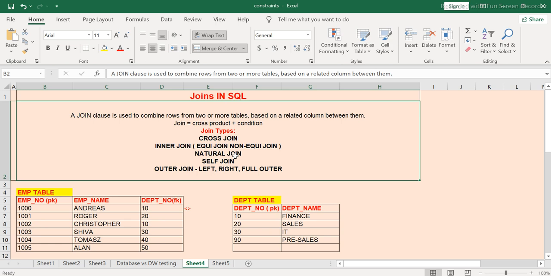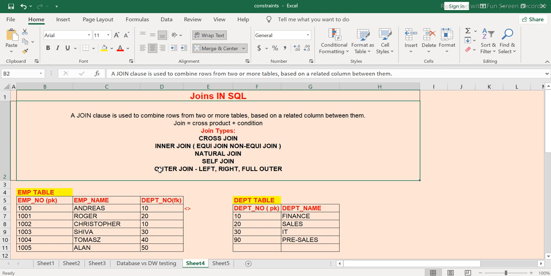Guys, as the name suggests, there will not be two tables involved, only one table, but there will be two different instances of the same table. We will see how we create two instances of the same table, aliasing of the table, etc. So that will be the self join, joining a table with itself. That is called the self join.